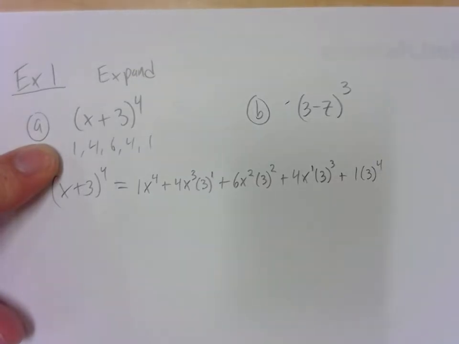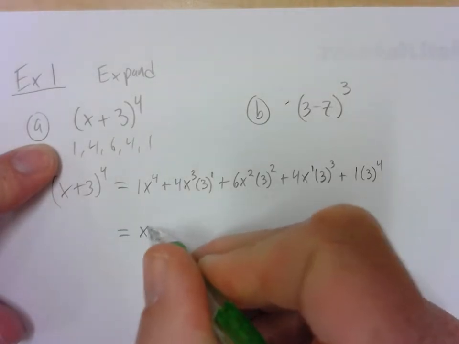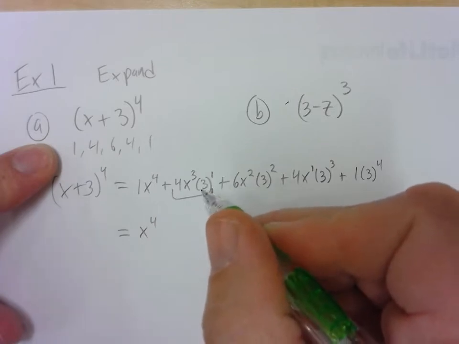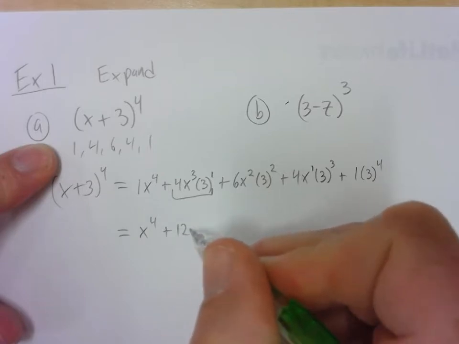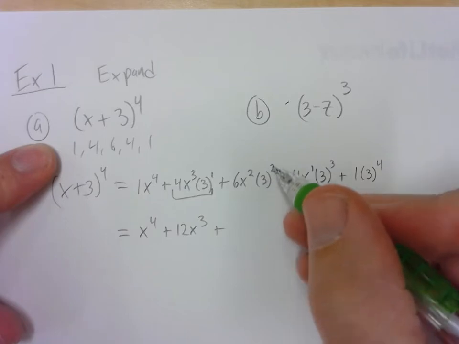So we can actually figure out what this is using the order of operations. Here's my simplified answer. x to the fourth. Follow the order of operations. So it's 3 to the first, which is 3, times the 4, which would be 12. Okay, plus, order of operations says we square this first.